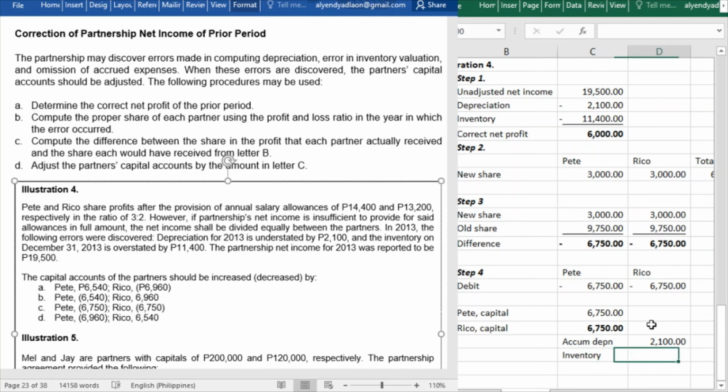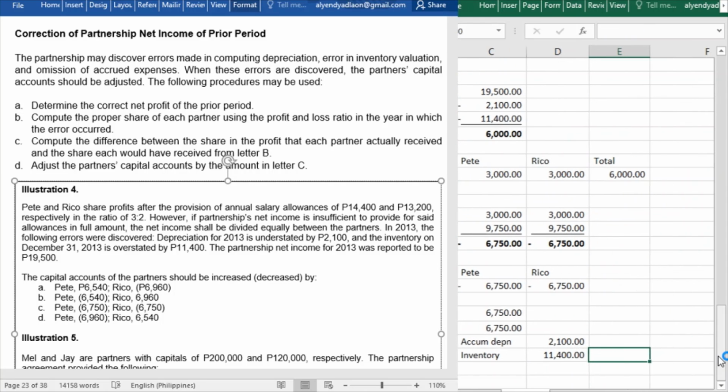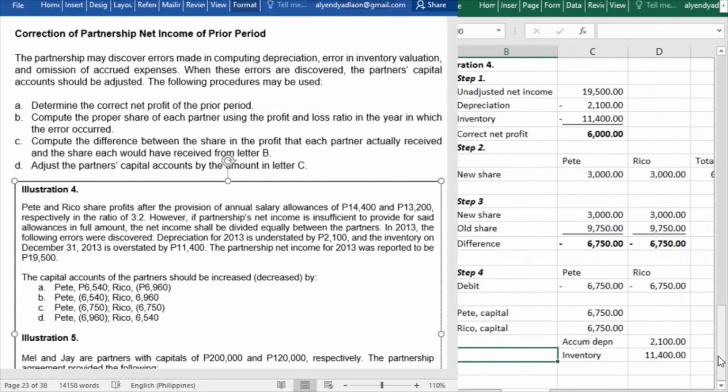That means we have to credit it by 11,400. Now let us see if our journal entry is balanced. For the debit, we have 6,750 plus 6,750, that is 13,500. And for the credit, we have 2,100 plus 11,400, that is 13,500. So this is our journal entry. Okay, so that is for illustration 4.